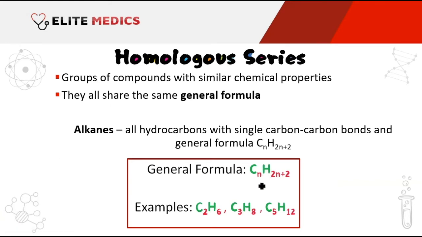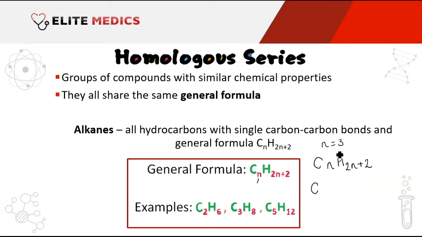So, for example, if I was to tell you n can be substituted into any number, we can use this general formula to figure out how many carbons and hydrogens will be present. Say n equals 3, okay? The general formula for your alkanes is CnH2n+2. So we need to incorporate this 3 into it.